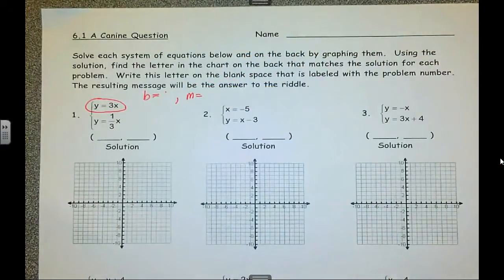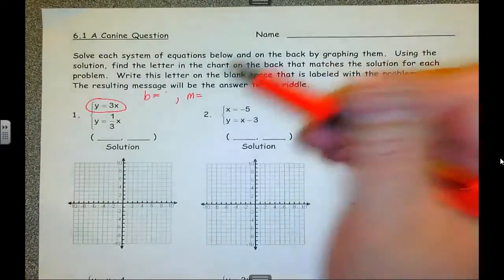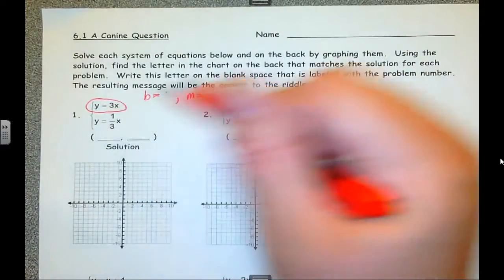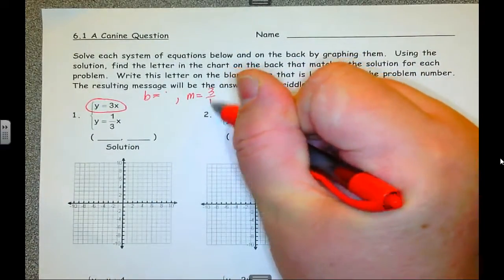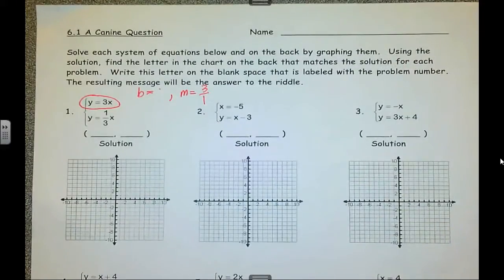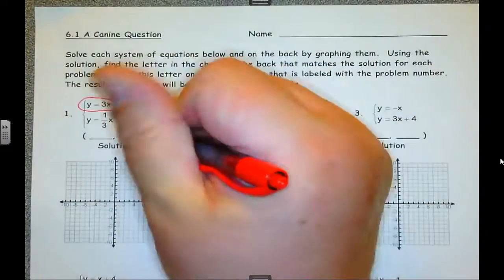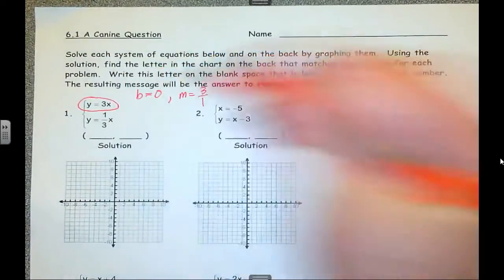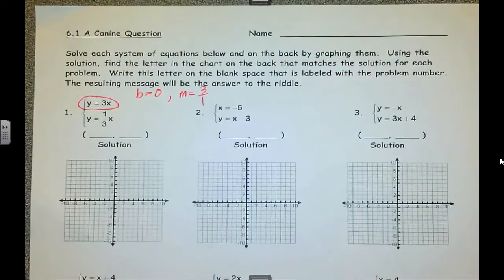The slope is easy to get, right? What's my slope? It's the coefficient of x, 3 or 3 over 1, right? Now the y-intercept, even though it's not there, we are adding something to this. What, Brett? 0, yeah. We are adding 0 to this. So my y-intercept is 0.